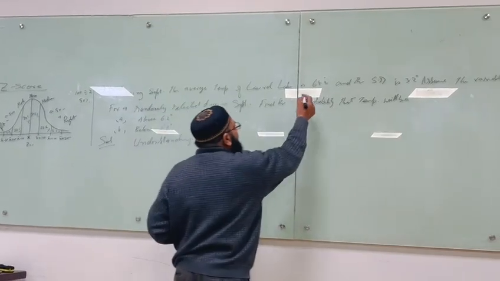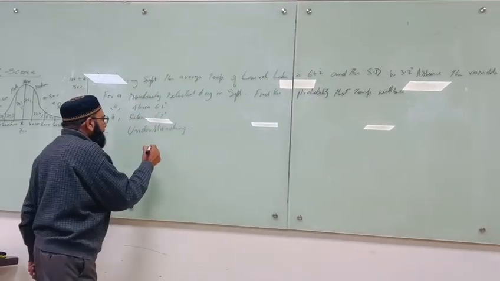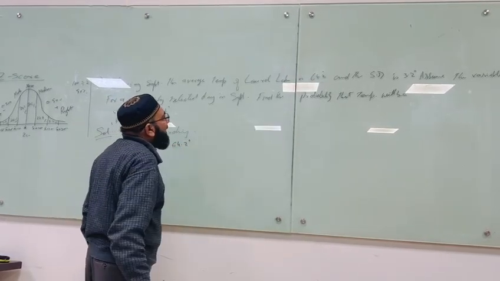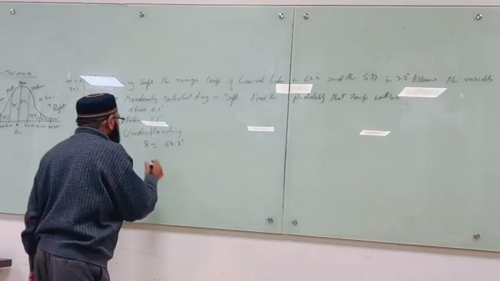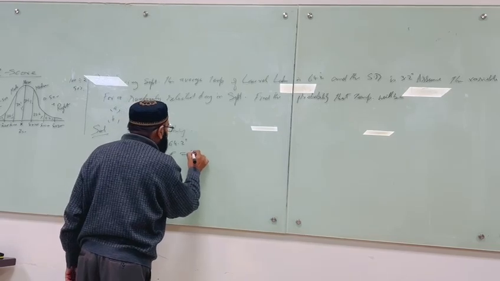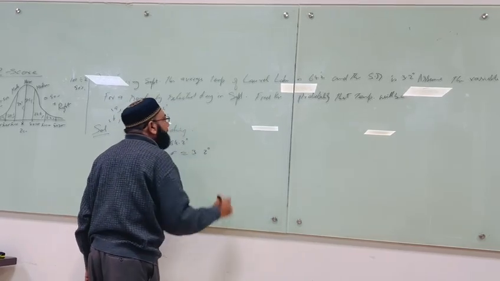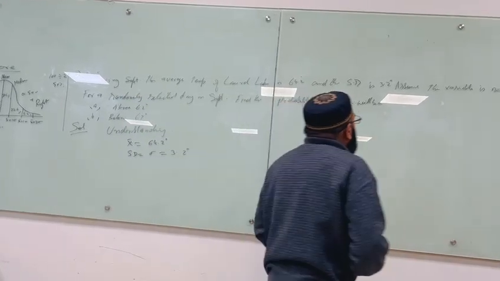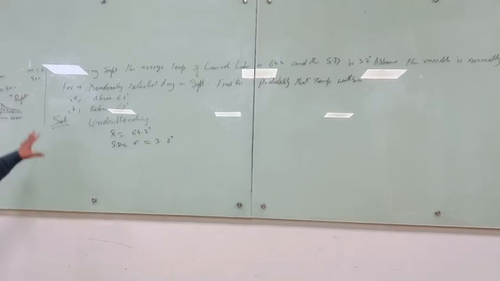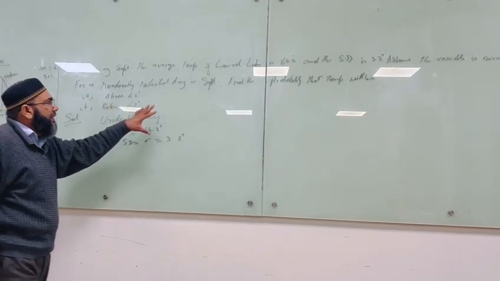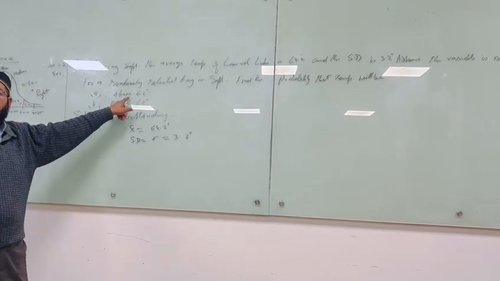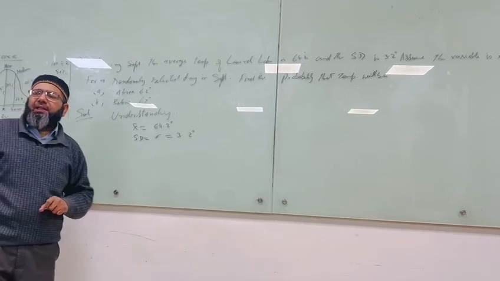The mean value is 64.2 degrees, and the standard deviation SD is equal to 3.2 degrees, and assume the value is normally distributed. We have to select any day in September. Find the probability that the temperature will be above 62 and below 67.